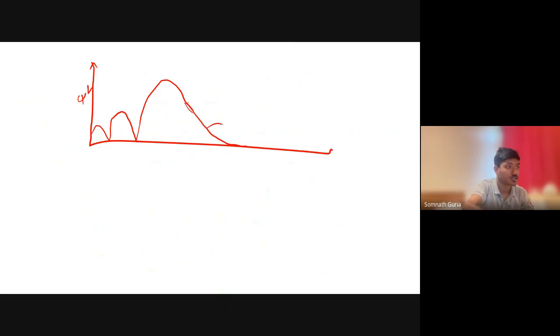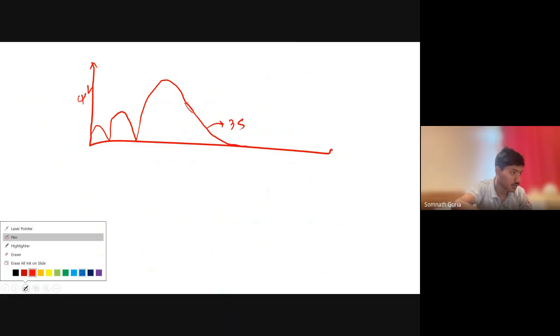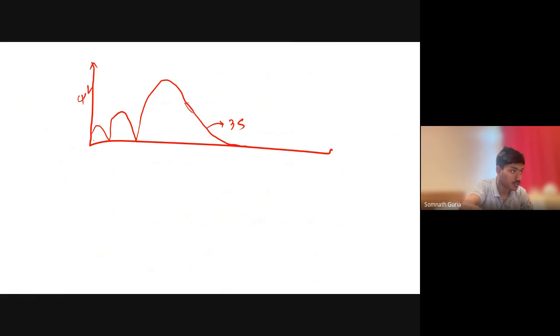This is the 3s. The p orbital will have one node, but it starts from 0, and its radial distribution looks something like this.